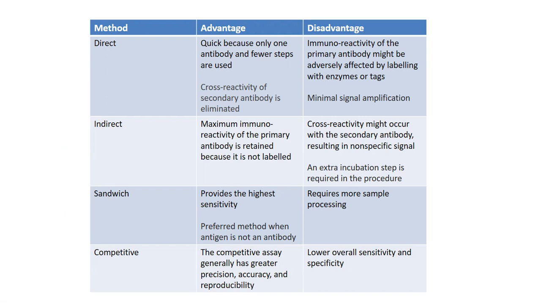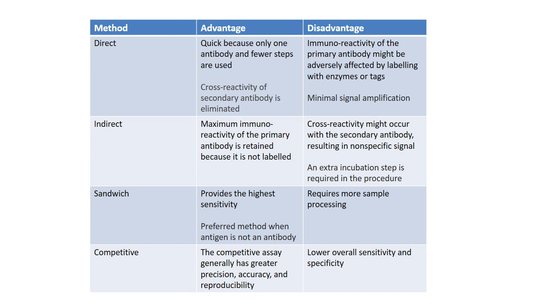Okay folks, this slide is to summarize the advantages and disadvantages of the different ELISAs. I'm not going to go into too much detail, but the direct ELISA is useful because it's quick and only involves one antibody step. It also avoids any cross-reactivity of the secondary antibody because there is no second antibody in the direct ELISA.